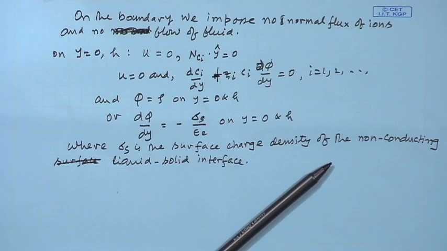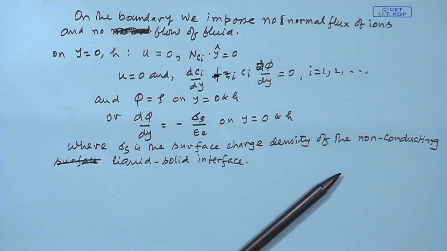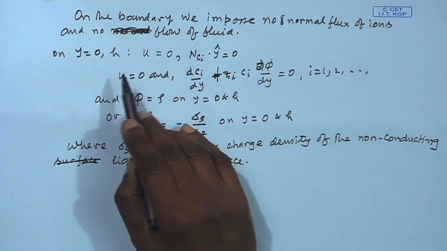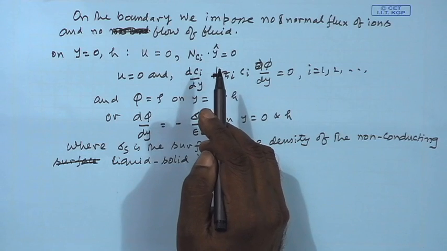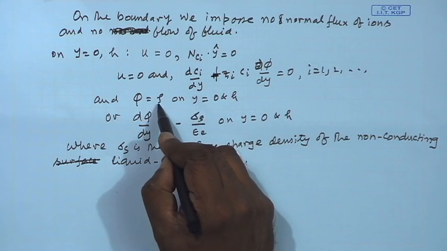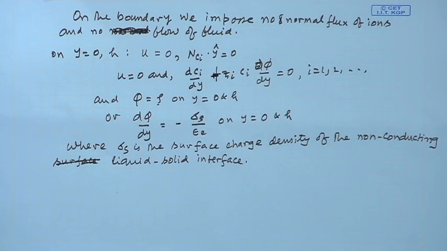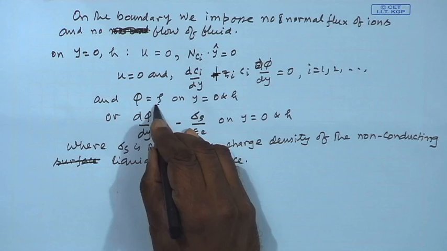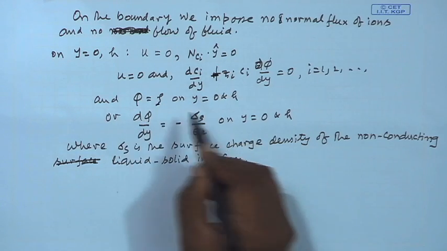Now, if it is perfectly conducting, in that case we can impose a condition as phi equal to zeta, or zeta can be prescribed on this rigid surface itself. So, these are the boundary conditions one has to impose for phi.